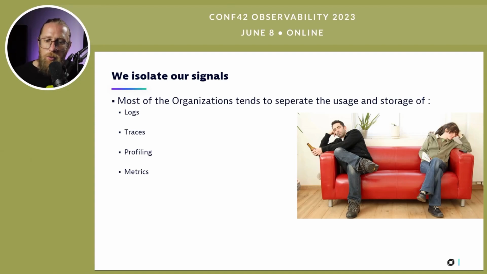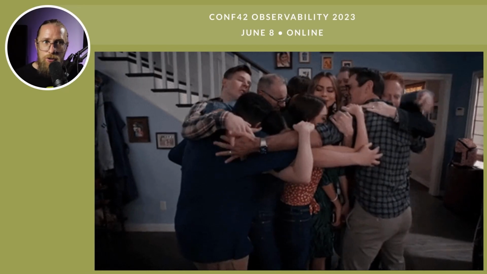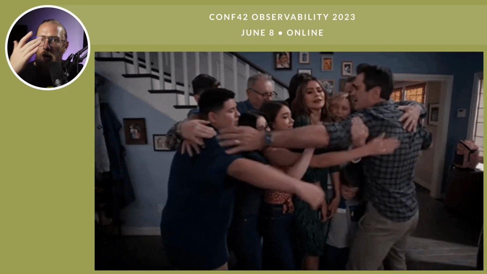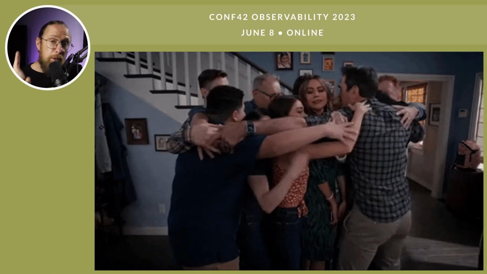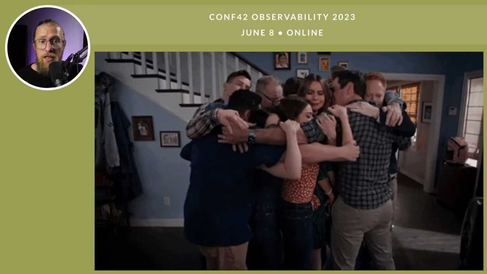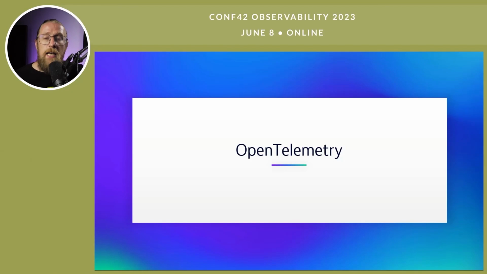So we have observability, but everything is disconnected, pretty much separated, so we are not efficient. We need to stop doing this, and we need to keep everything together so that we are more efficient, especially when we need to troubleshoot and understand a given situation. So that's the purpose of the OpenTelemetry project.